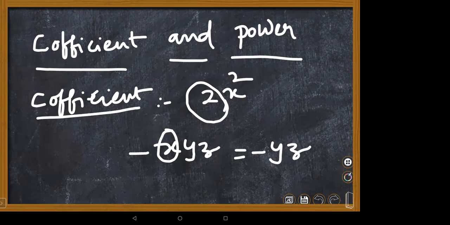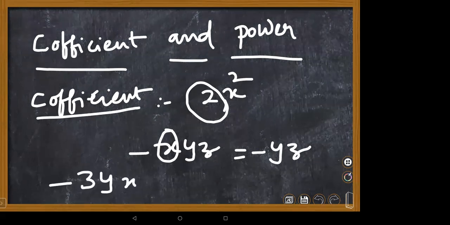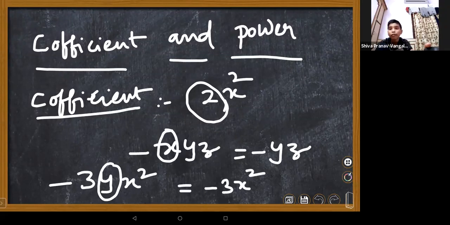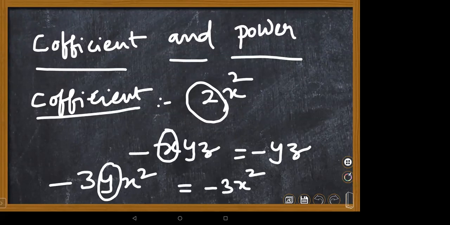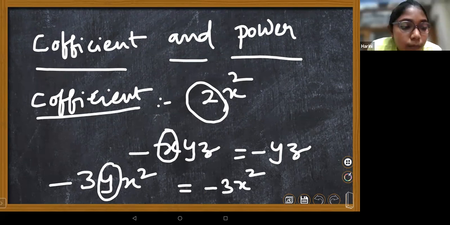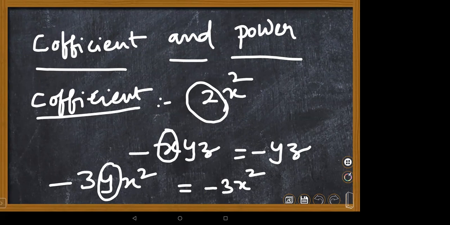What is the coefficient of y in minus 3yx square? Minus 3x square. Children, coefficient means, suppose they're asking about x, you just leave x and the rest of the complete term you have to write. That's all. Only numerical coefficient means you are supposed to write only the number.